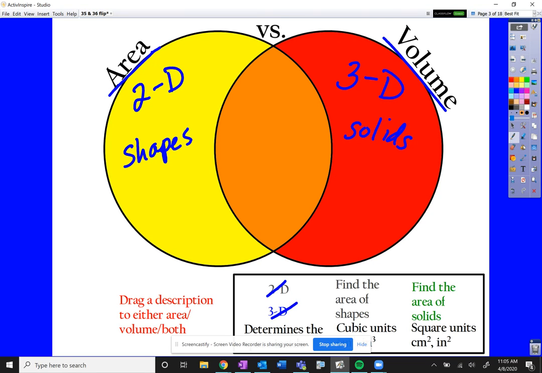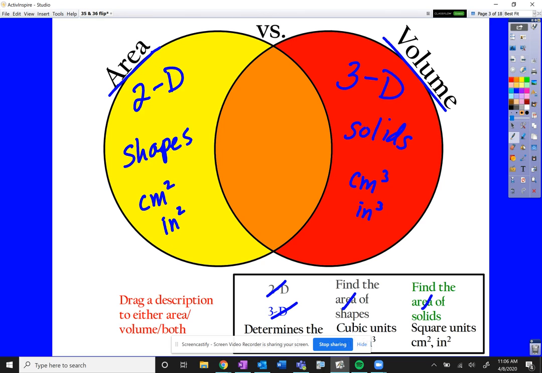How much area of a rectangle, that's something drawn on a piece of paper, that's a shape. We always want to use our units squared, like centimeters or inches squared. And then for volume, we always want to use our units cubed. To the third power, we call it cubed. So we always want to use cubic units versus square units.